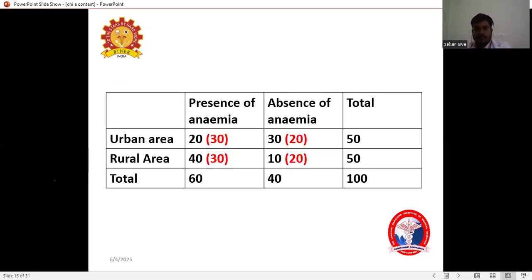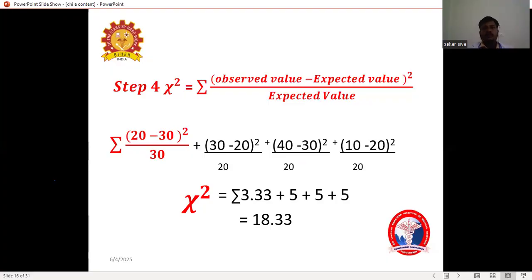So, for observed values minus expected value, the whole square divided by expected value, where the expected value here is 20.